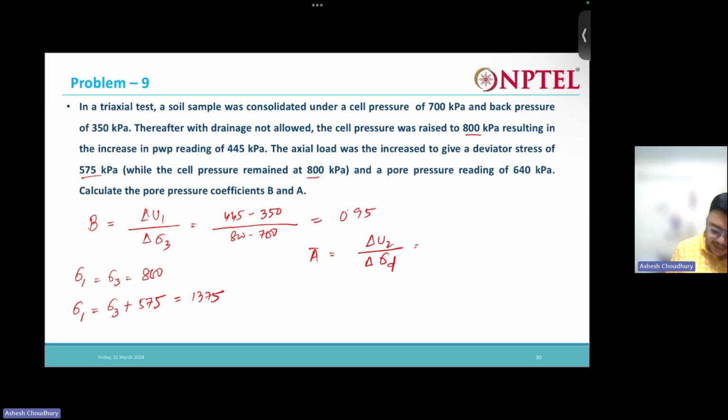So delta U2 is what? 640 minus 445. Okay, and delta sigma 1 is nothing but 1375, this delta sigma d is what? Delta sigma d is this one, 575. Get 0.339.